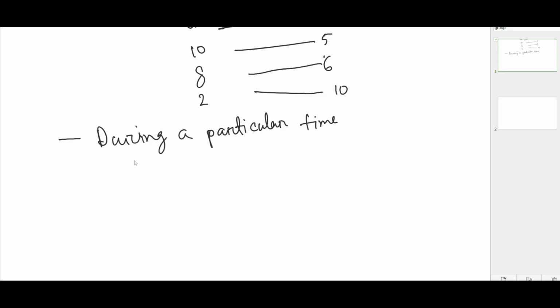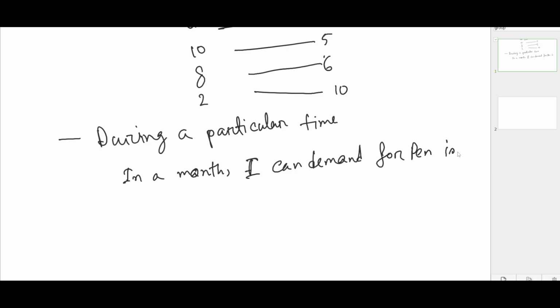So this is referring to a particular time. Suppose in a month I can demand 200 units of pens.